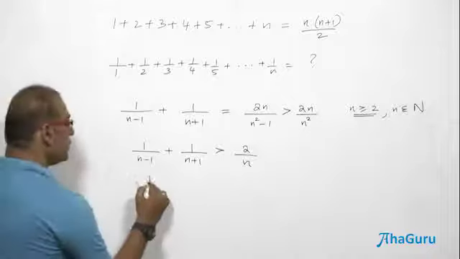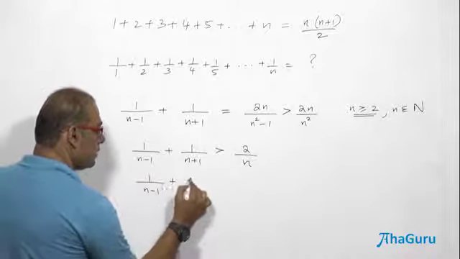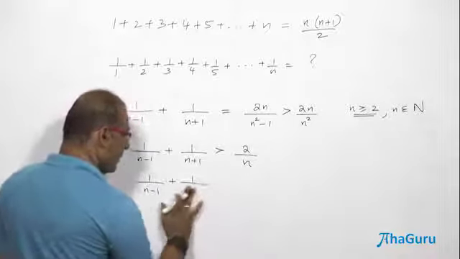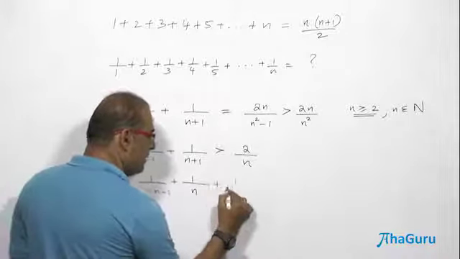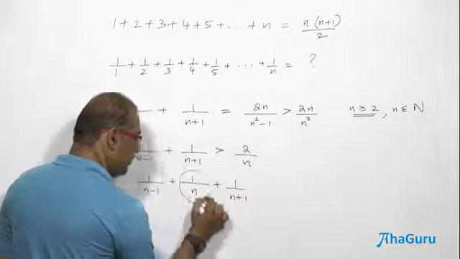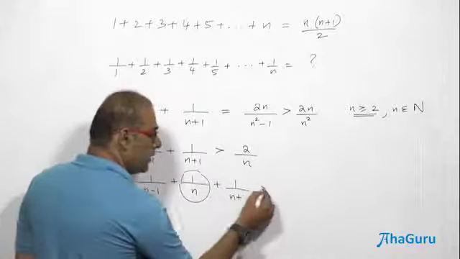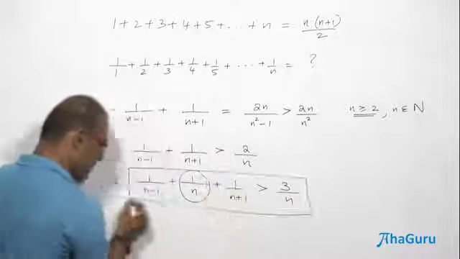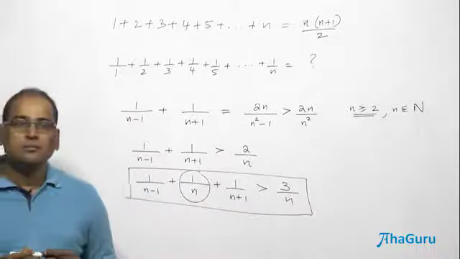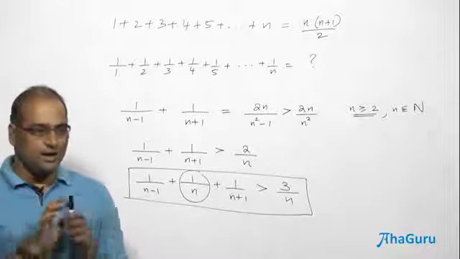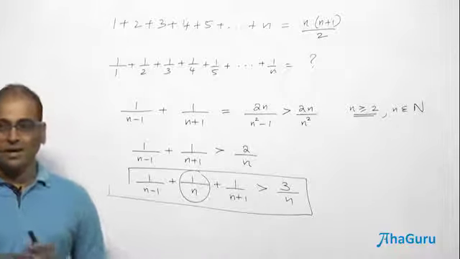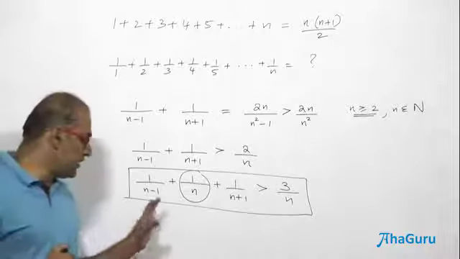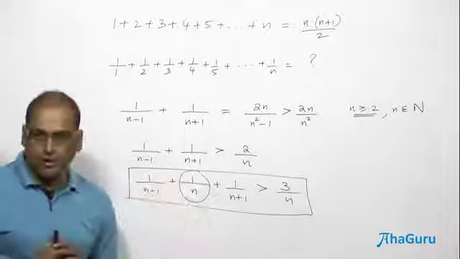If I plug 1 by n in between, it is greater than. So this is a very interesting identity. Not an equation identity, it's an inequality identity. Of course, n is greater than or equal to 2.